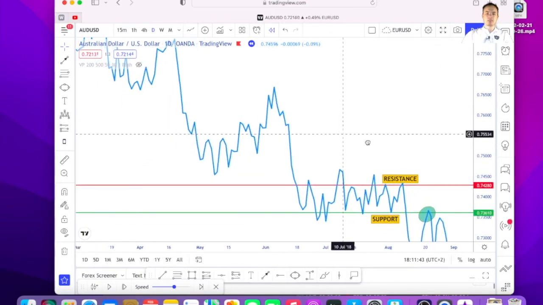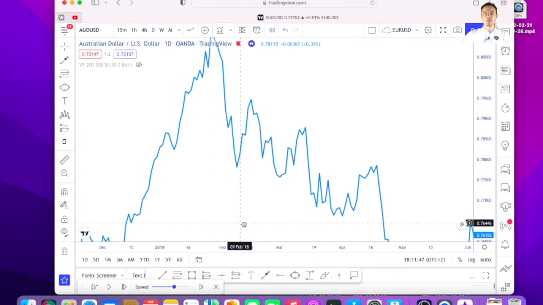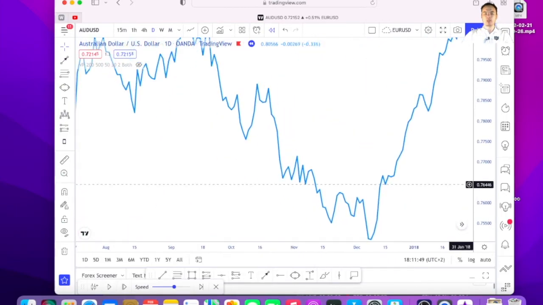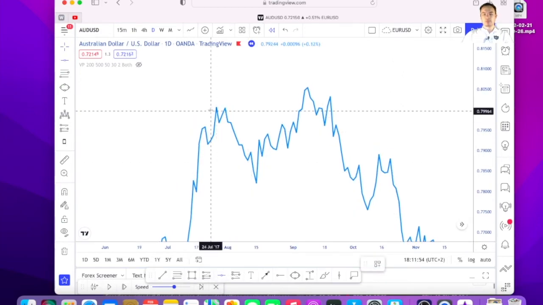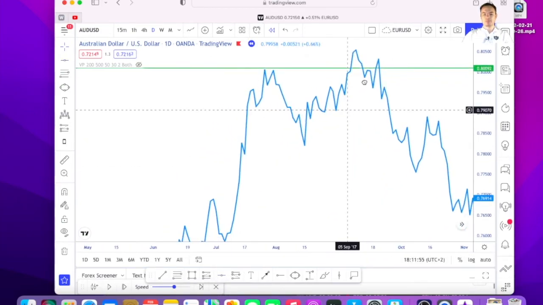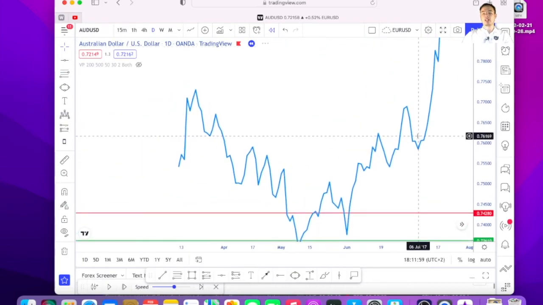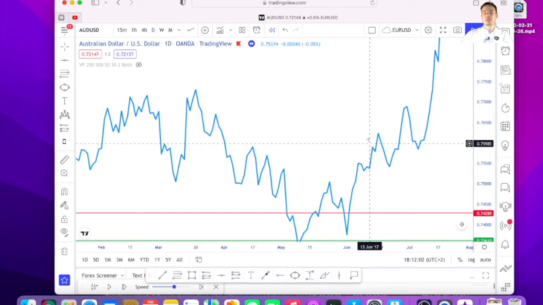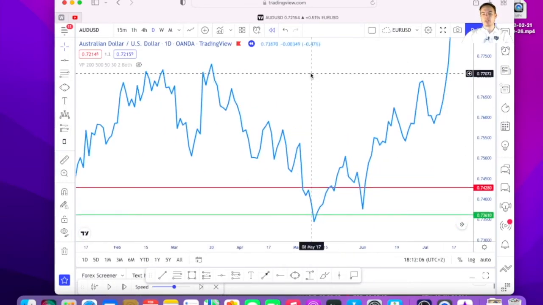So I mean, it's much easier identifying support and resistance with line charts. The more touches, the more accurate it is. So that is support and resistance with a line chart.